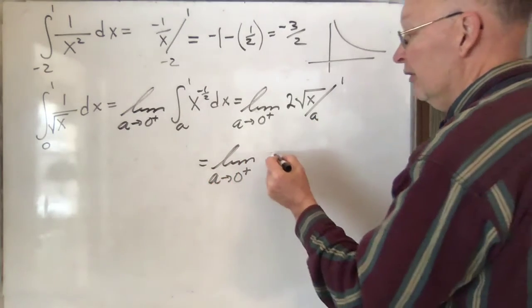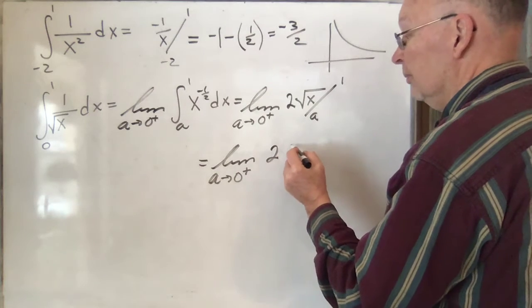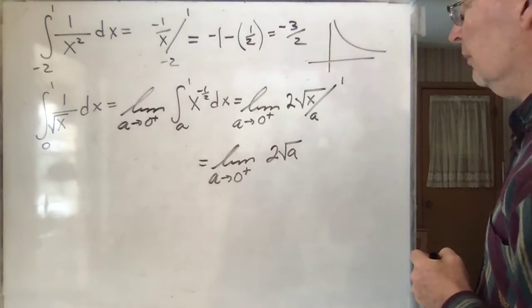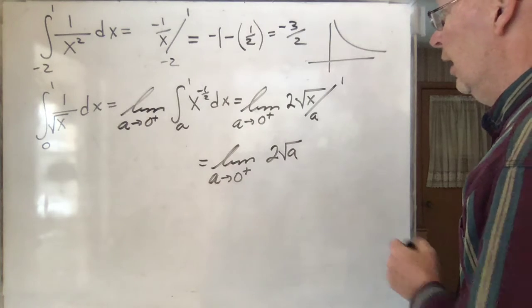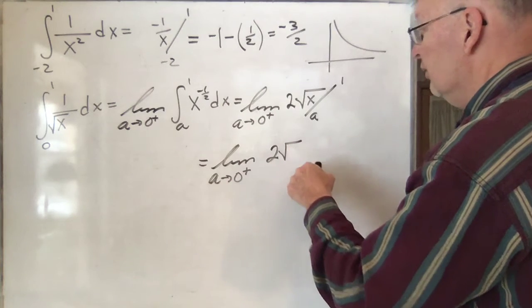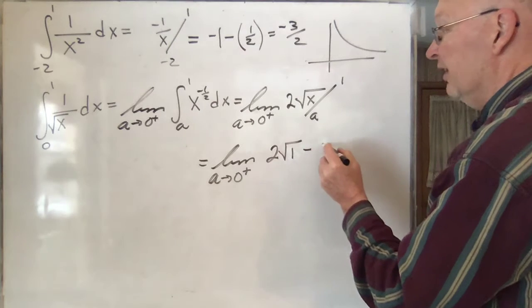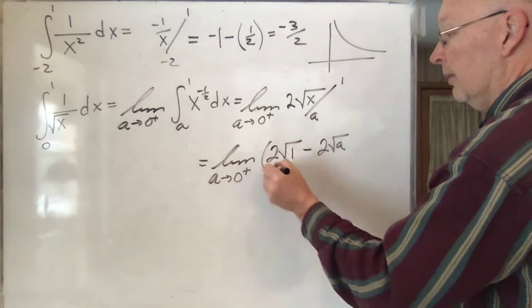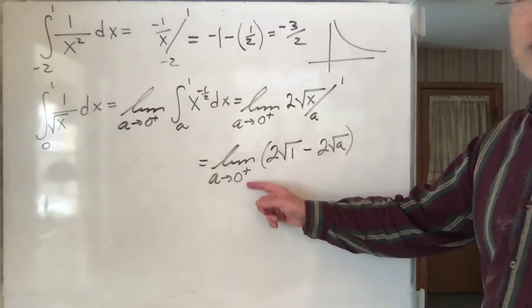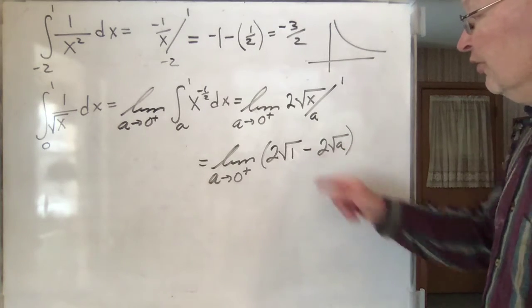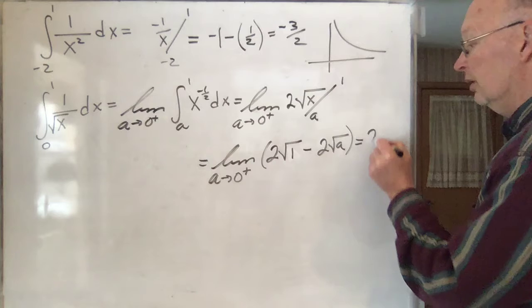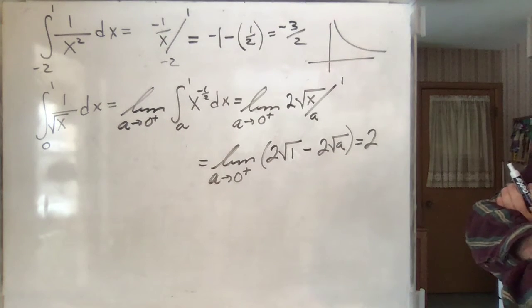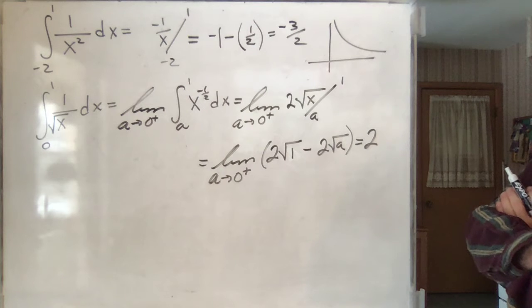Stick in 1 here, you're going to get 2 times the square root of 1, minus 2 square root of a. As a goes to 0, this thing goes to 0, we just end up with 2. Aha! So there are some of them that do converge.